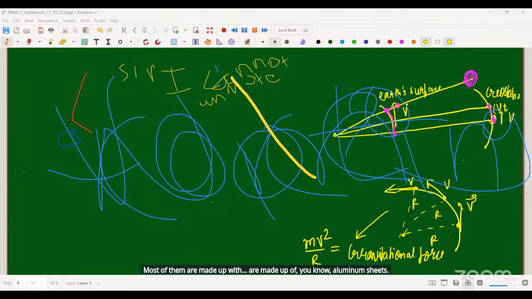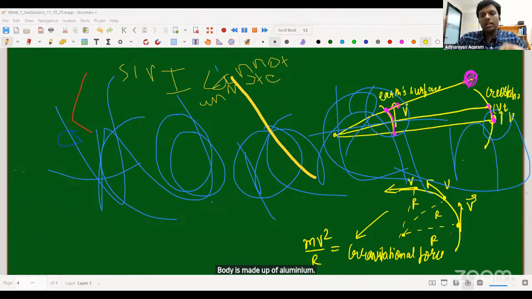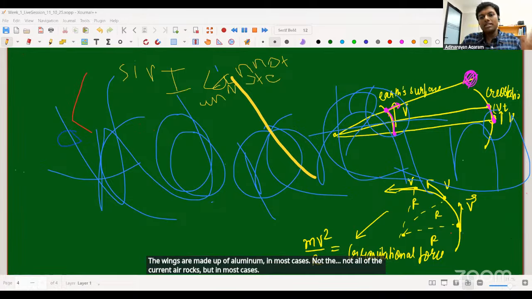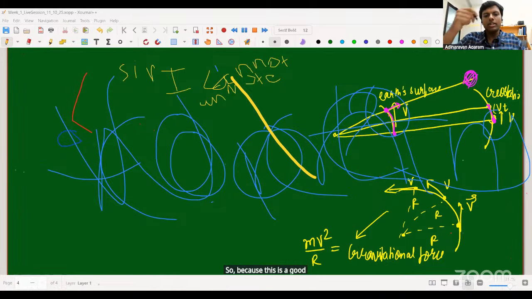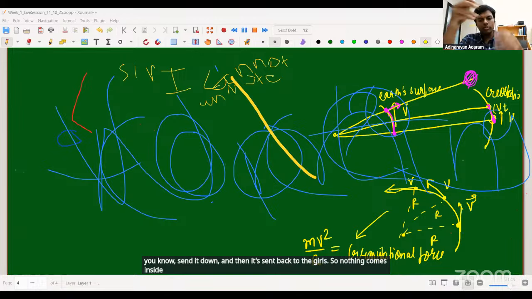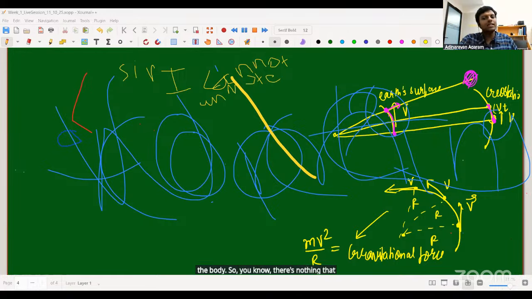The body is made of aluminum, and the wings are made of aluminum in most cases. Not all of the current aircraft, but in most cases. Because this is a good conductor, the lightning that comes from the top is just taken by the conductor, sent down, and then sent back to the ground. So nothing comes inside the body, and there's nothing that affects you sitting inside. I hope that answers your question.